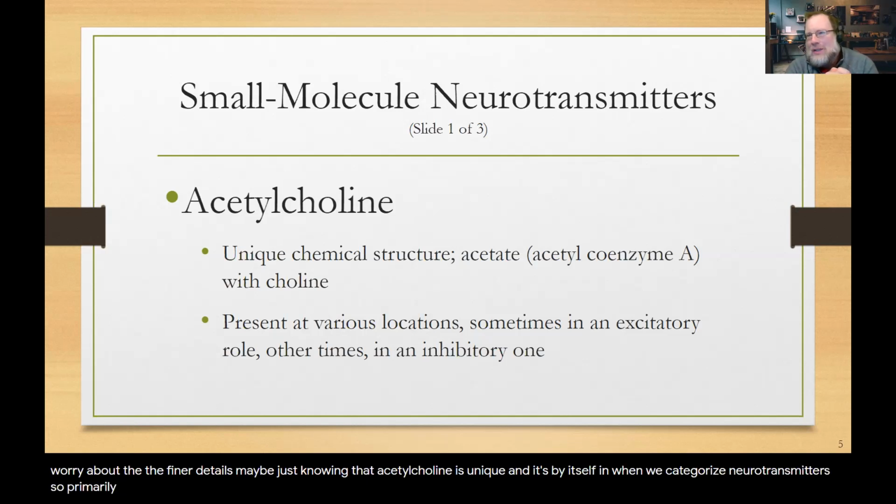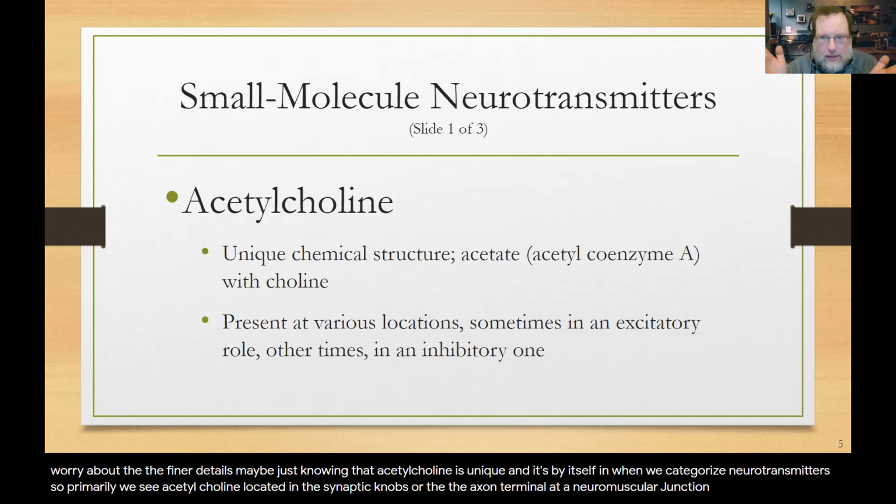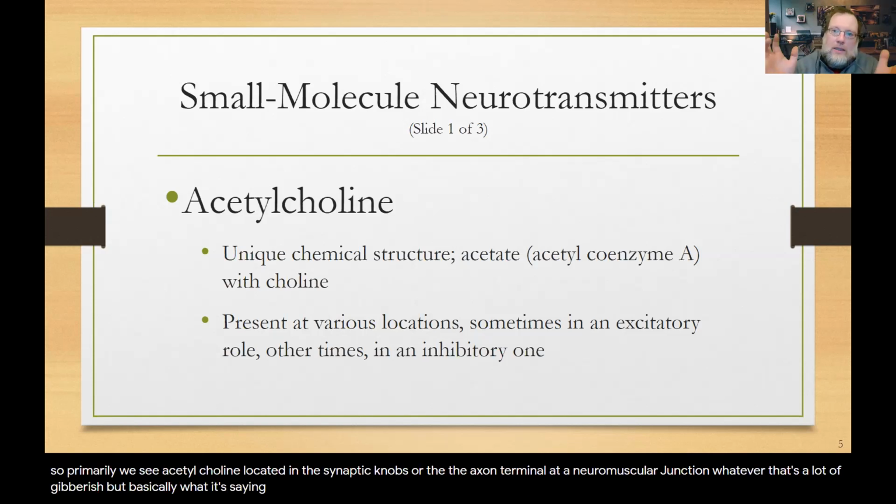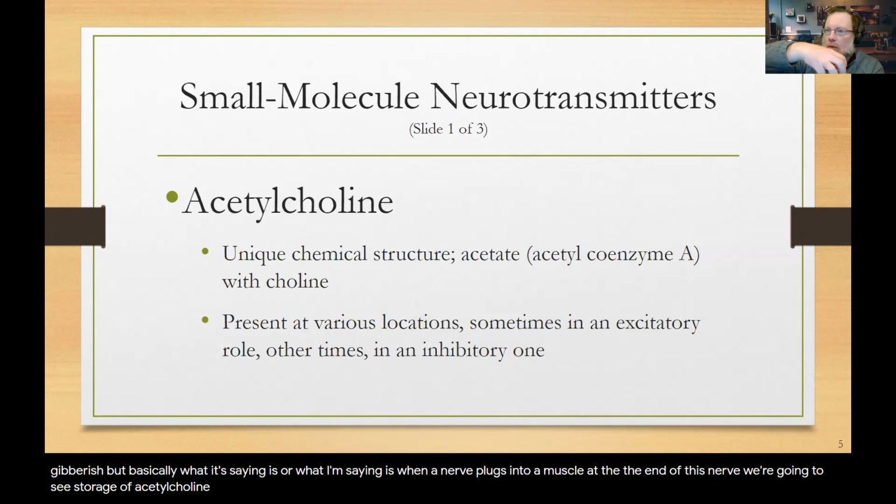So primarily, we see acetylcholine located in the synaptic knobs or the axon terminal at a neuromuscular junction. That's a lot of gibberish, but basically what I'm saying is, when a nerve plugs into a muscle, at the end of this nerve we're going to see storage of acetylcholine. And when we need the muscle to contract, we're going to release some of that acetylcholine into the muscle.